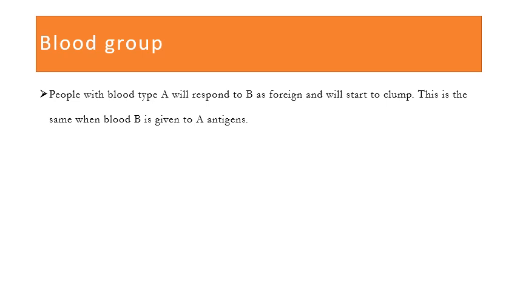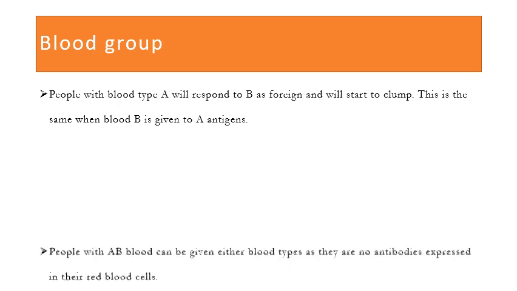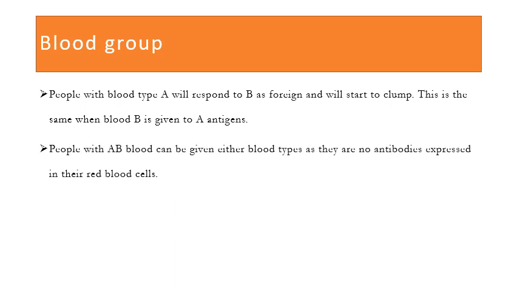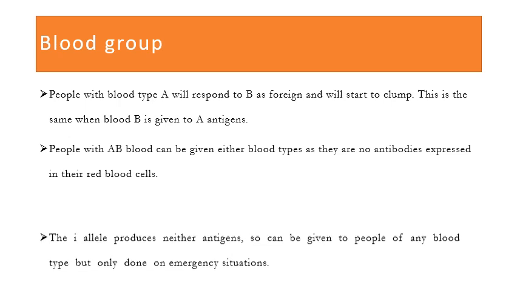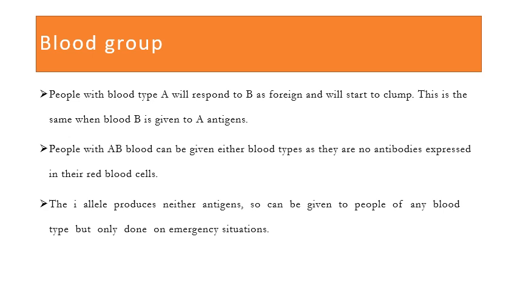So that's the reason why, when there's a blood transfusion, a blood type A is not transfused with a blood type B. A blood type AB can respond by producing antigens from either blood type A or blood type B. So people with blood group AB can be given either blood type because they are not going to be affected by any of them being a problem, registering as foreign bodies.